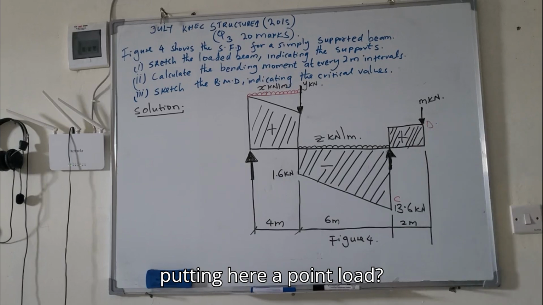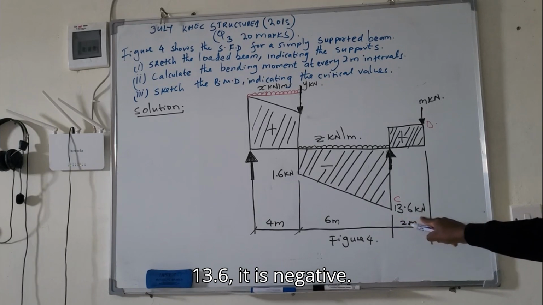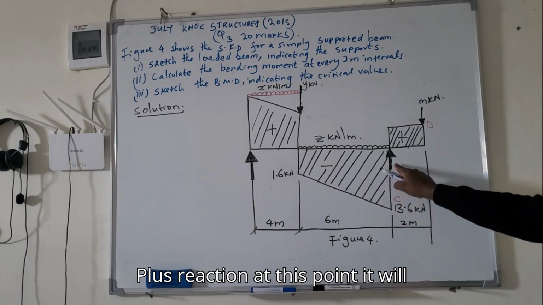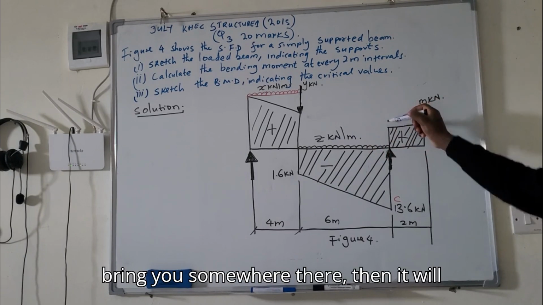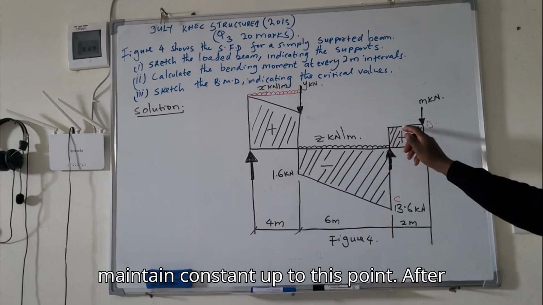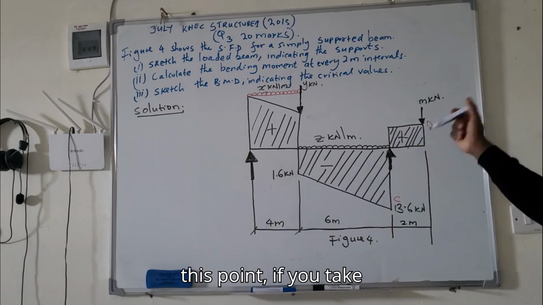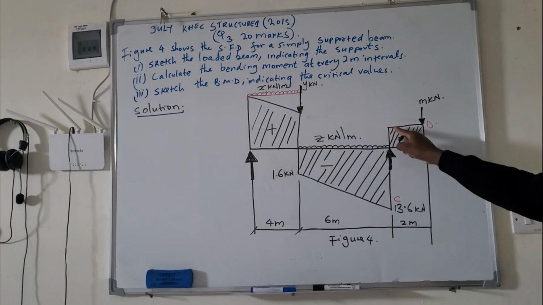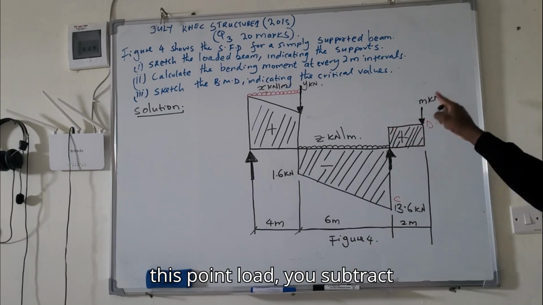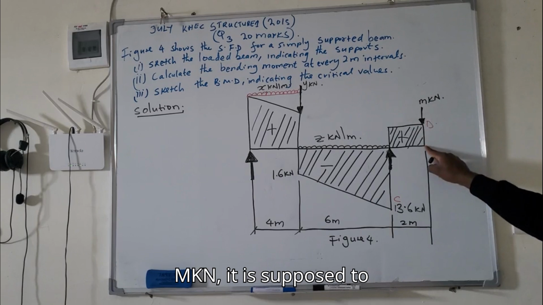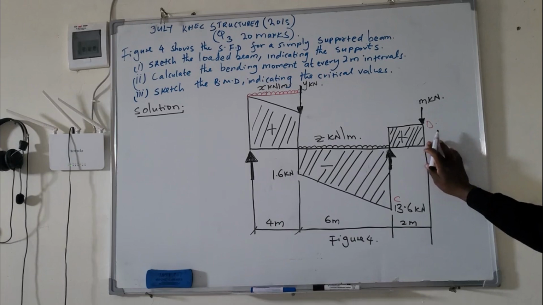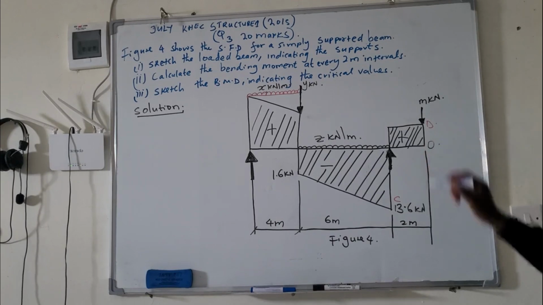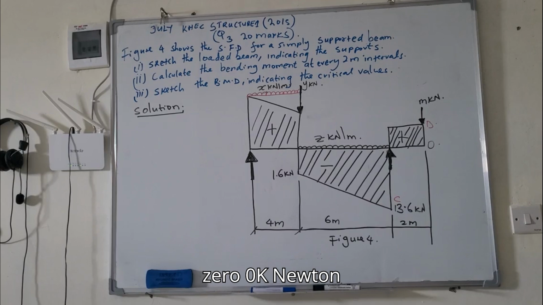Why are we putting a point load here? Because if you take 13.6, it is negative, plus the reaction at this point, it will bring you somewhere there. Then it will maintain constant up to this point. Up to this point, if you take this point load, you subtract M kilonewton, it is supposed to bring you back to 0 kilonewton.